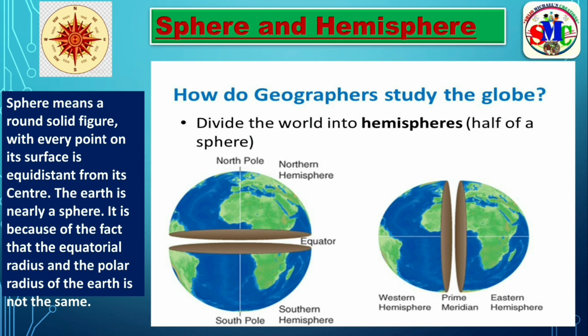We get the northern hemisphere and the southern hemisphere. Look at the picture. In the same way, on the basis of longitudes, the earth is divided into two equal halves. Then we get the western hemisphere and the eastern hemisphere.